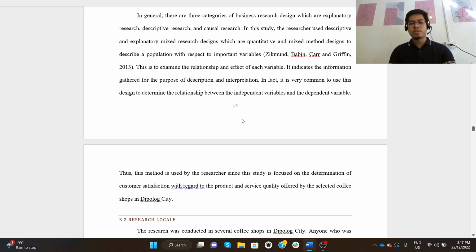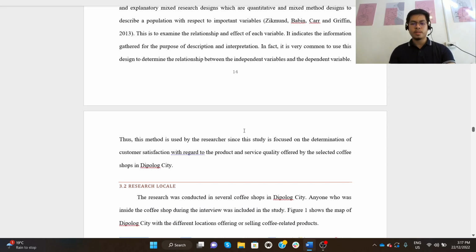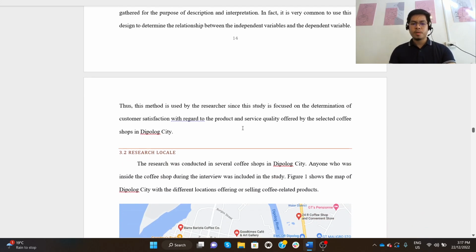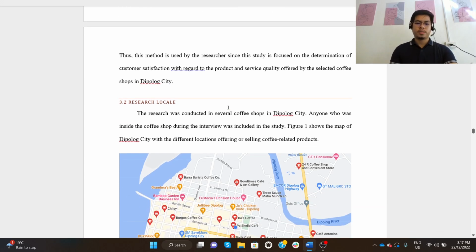This is to examine the relationship and effect of each variable. It indicates the information gathered for the purpose of description and interpretation. In fact, it is very common to use this design to determine the relationship between the independent variables and the dependent variable. Thus, this method is used by the researcher since this study is focused on the determination of customer satisfaction with regard to the product, service quality, and servicescape offered by the selected coffee shops in Dipolog City.